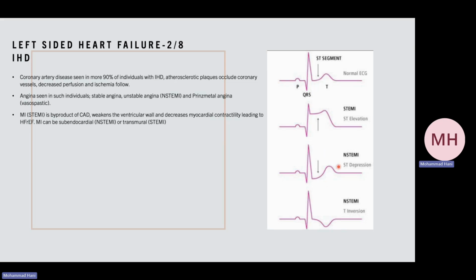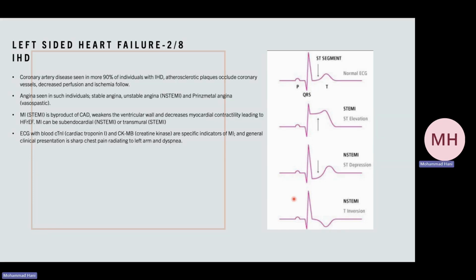And you have over here two types of NSTEMI. One is ST depression, where the ST segment becomes depressed instead of being isoelectric, or you have T inversion, which is a later finding of STEMI, or could be one of the things that happens because of unstable angina or subendocardial myocardial infarction.